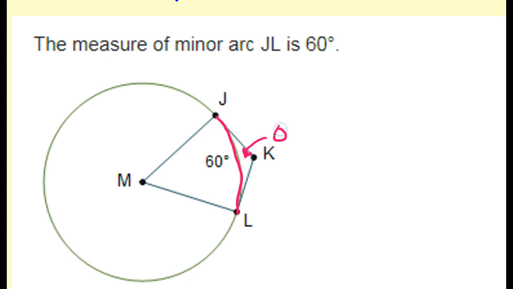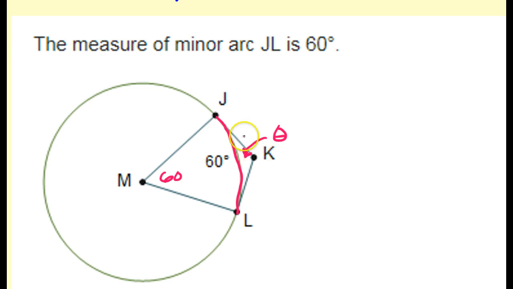I'm going to call it theta. That's what we're trying to find. Well, let's see what we can do. This is a central angle. So it should be the same as the arc. So if this is 60, then this is also 60 degrees.